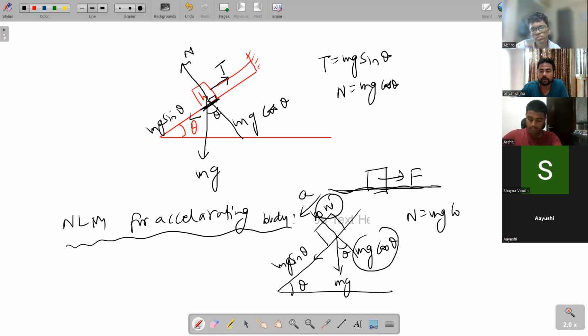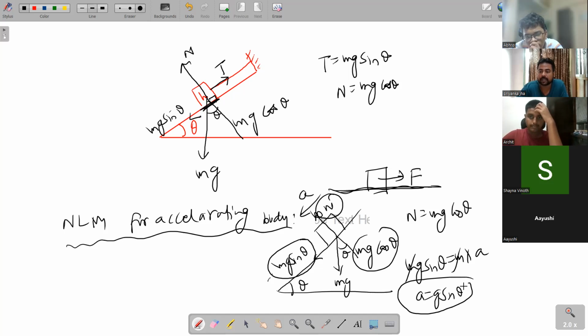There is no force opposing mg sin theta, so this is the resultant force along the plane, and because of it the body moves with some acceleration. This net force will be mass into acceleration, so ma equals mg sin theta, and a is g sin theta. Understood? That is how we apply Newton's law of motion on an accelerating body.